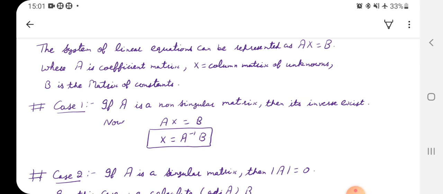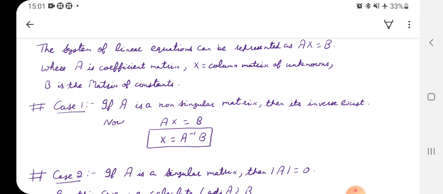We know that AX is equal to B. Multiply both sides on the left by A inverse, we will get X equals A inverse B. Now evaluate A inverse. B you already have. Find A inverse, multiply A inverse into B. You will get the column matrix, which will be equal to the X matrix, which is the column matrix of unknowns.